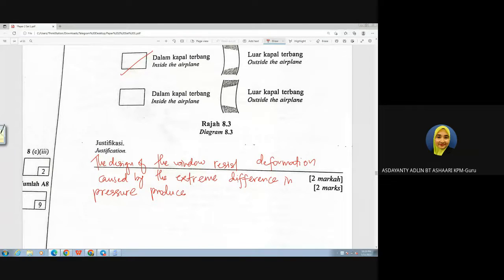Produced greater force acting from inside on the airplane compared to outside.